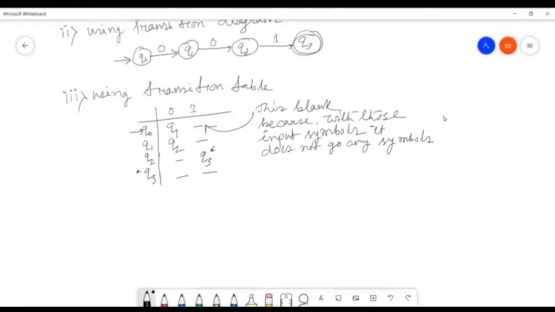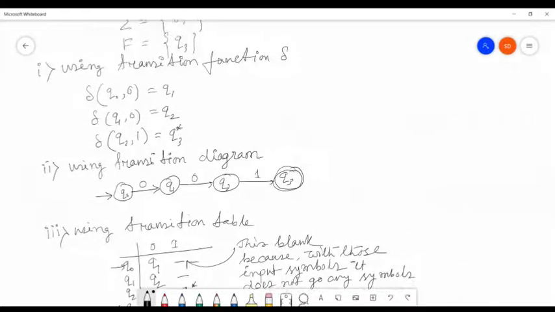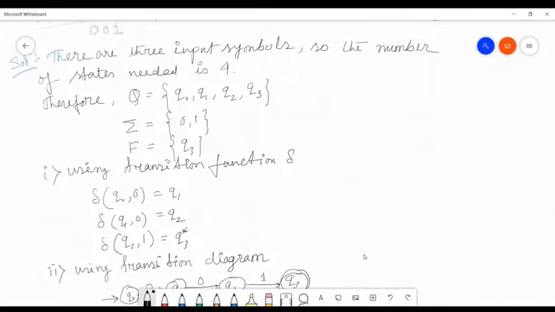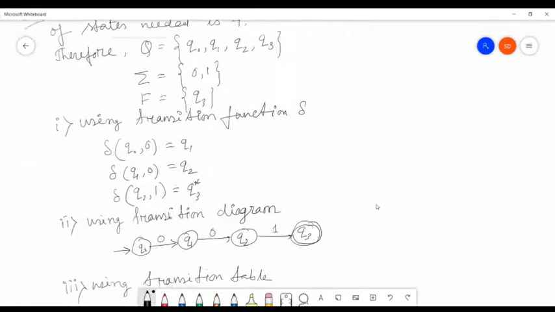Then Q1 goes to Q2 for symbol 0, symbol 1 goes nowhere, and from Q2, symbol 0 goes nowhere, symbol 1 goes to Q3. This way we represent an acceptor for a given problem.